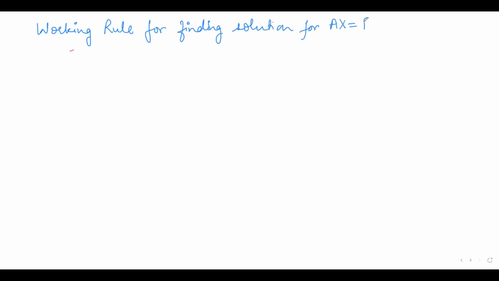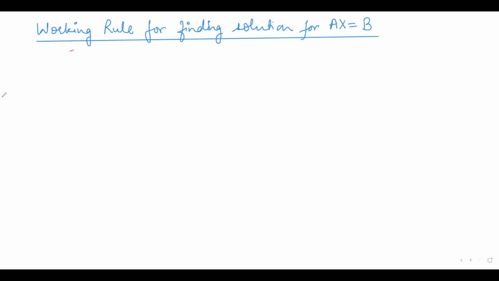So let me take the working rule for finding the solution for the non-homogeneous system, that is Ax = B. What would be the working rule and the different conditions that we have to look at?